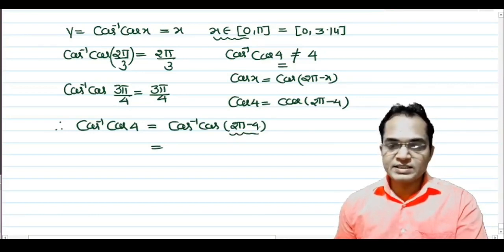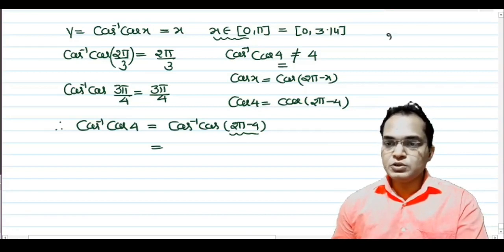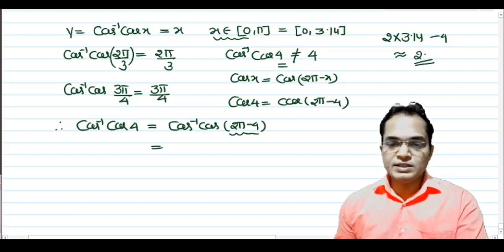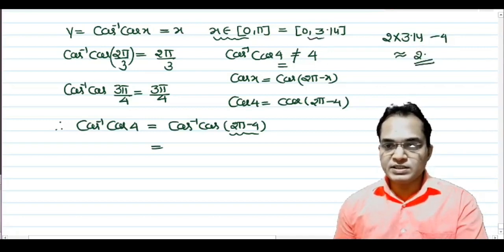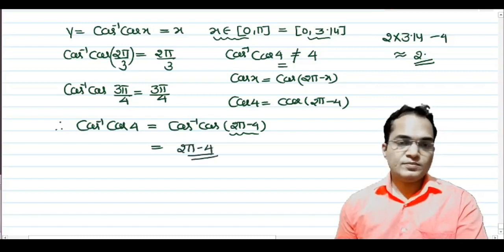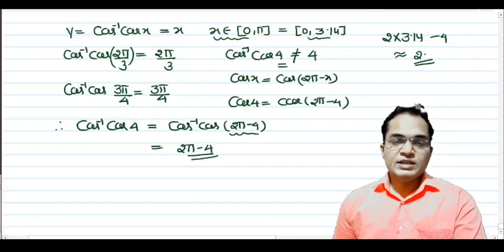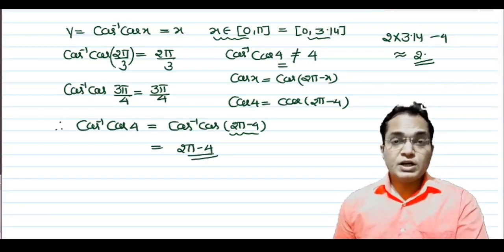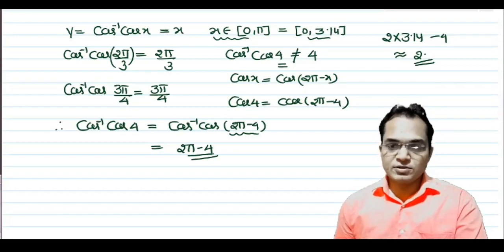You can check it, because 2 pi means 2 into 3.14, and minus 4, and solve it, then it comes out approximately 2 point something. That's why this value lies between 0 and pi, means your answer will be 2 pi minus 4. Got it?